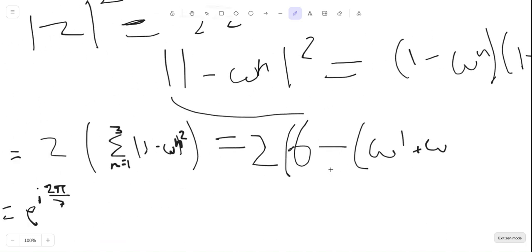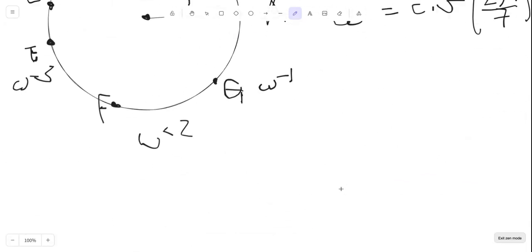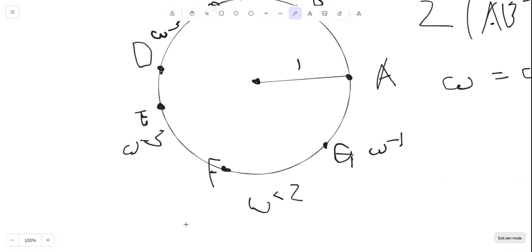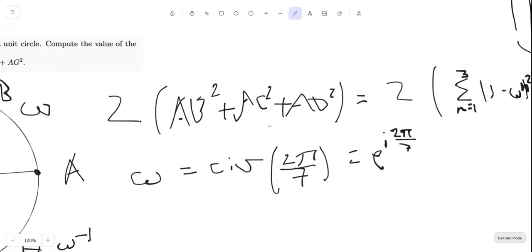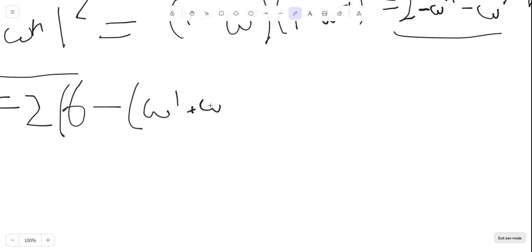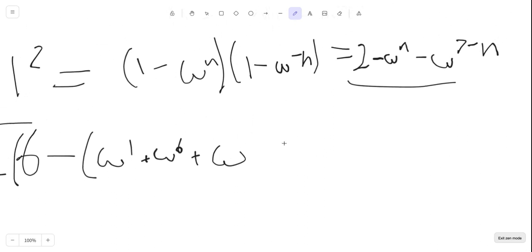Because it's a 7th root of unity, omega to the negative 1, for example, is omega to the 6th, going the counterclockwise way. So what we actually get are these pairs that sum to 7. It's really neat. That's the summation from n going from 1 to 3.